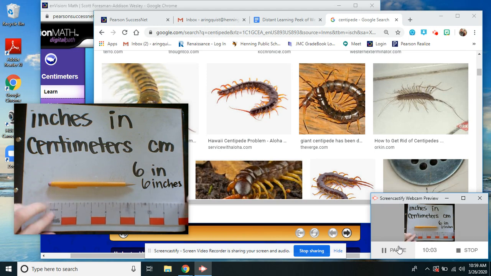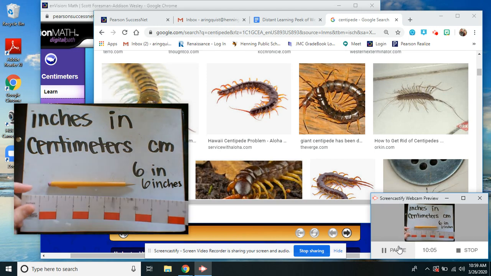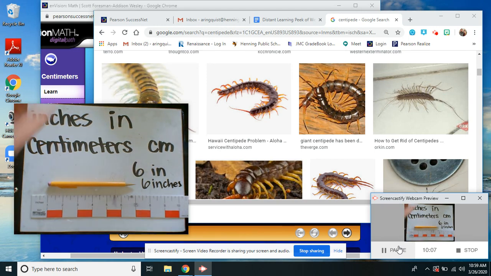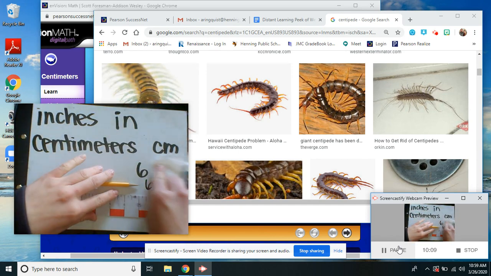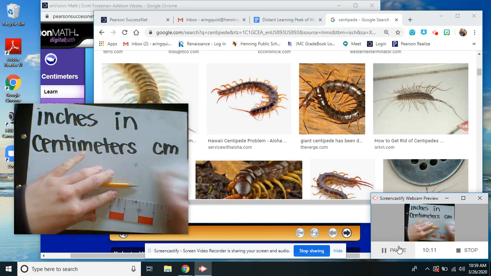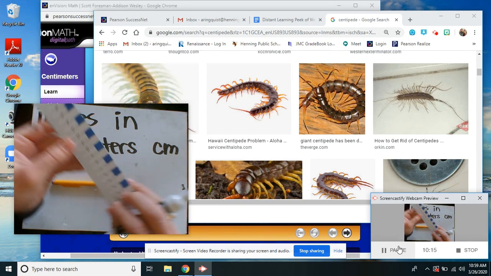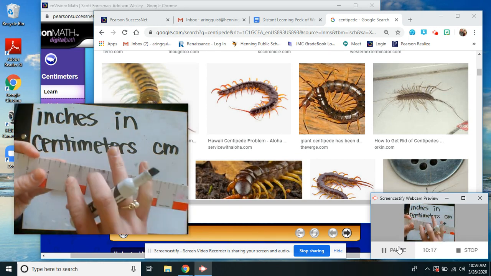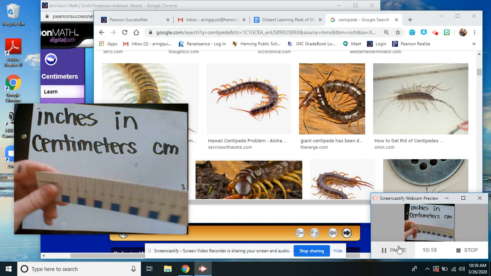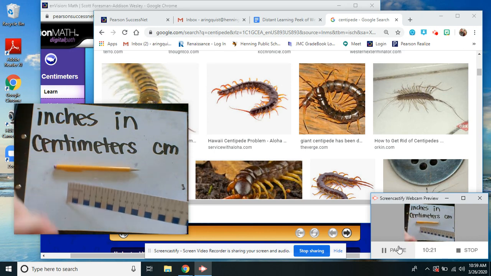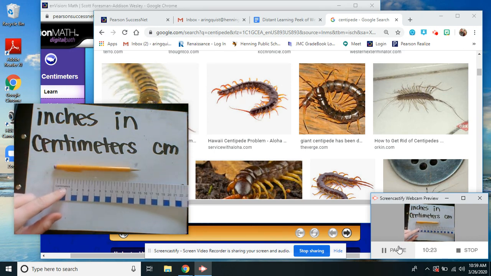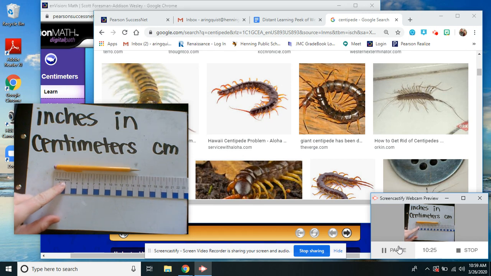All right, if I'm talking about centimeters, we cannot use inches. We need to use a different part of our ruler. Mine is actually on the back side. Yours will be on the bottom of your ruler. But this one is easier to read with the camera. That's why I'm using it. In centimeters, my pencil measures 15 centimeters long.